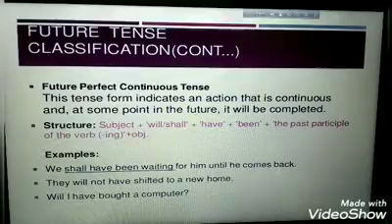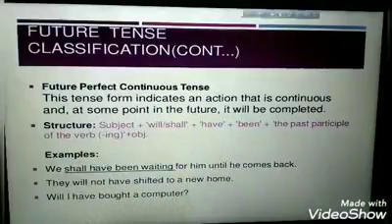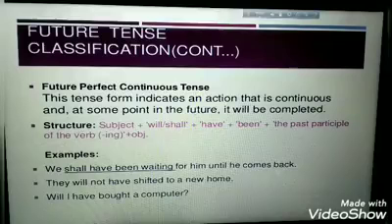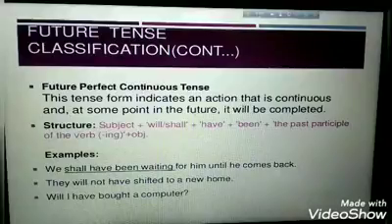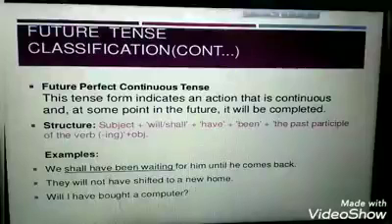Present tense, past tense, future tense, like this. So you'll have to understand all the rules and structures of the tense very carefully. At the same time, you will have to practice it at home.